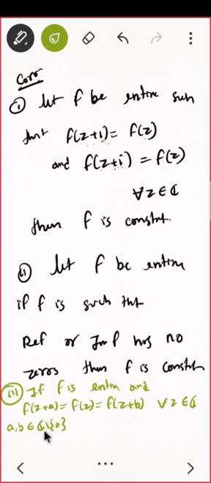And one more thing, such that e upon b should not belong to R. This is the case, then we say that f is constant.